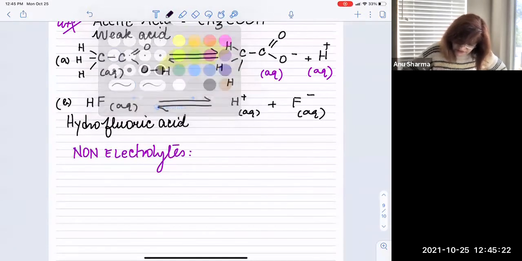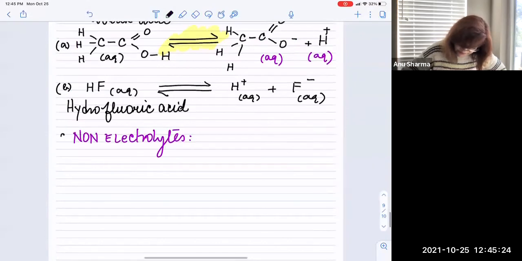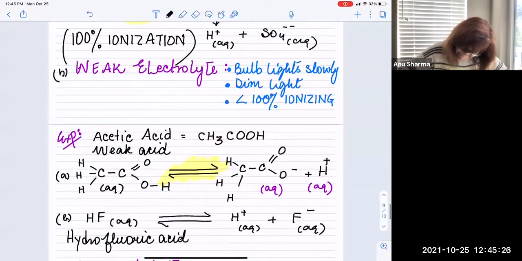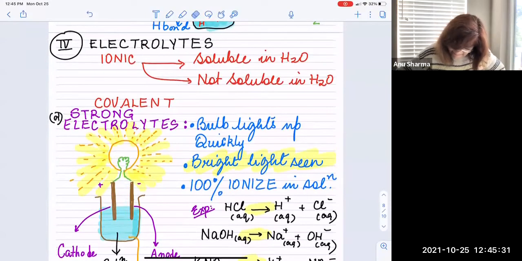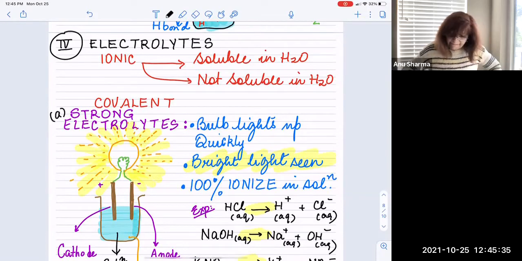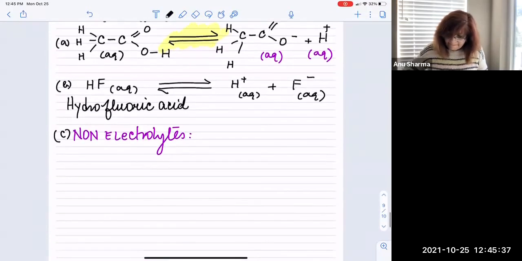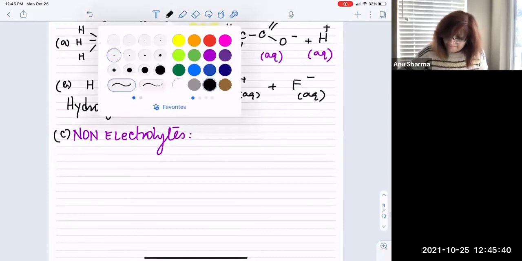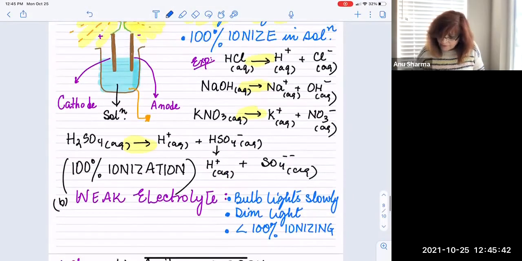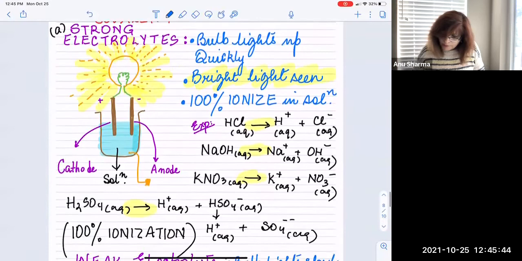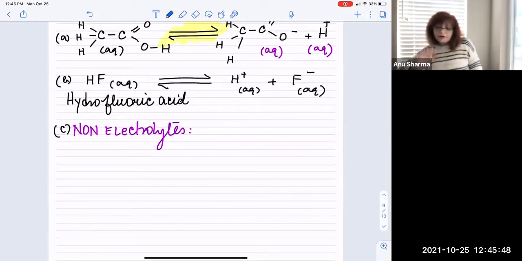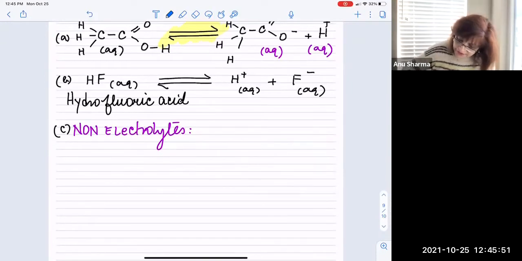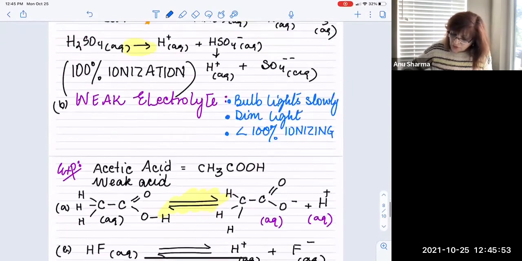Non-electrolytes do not ionize in water.